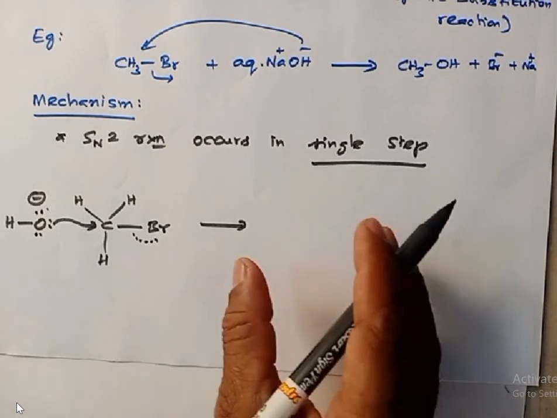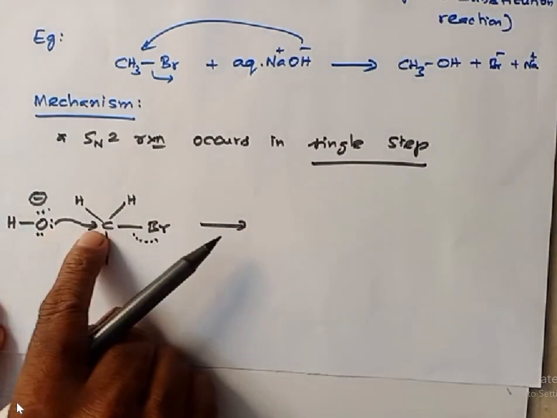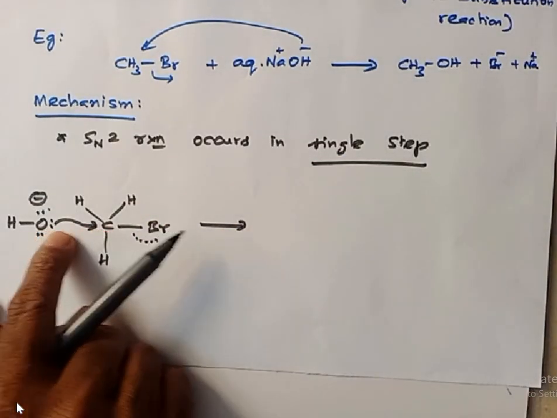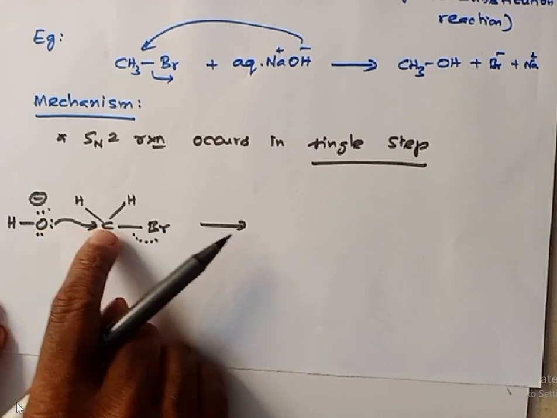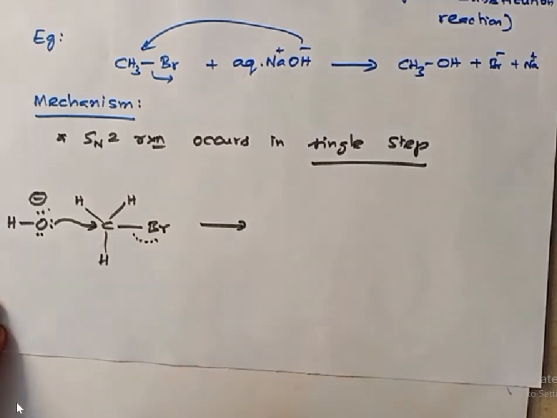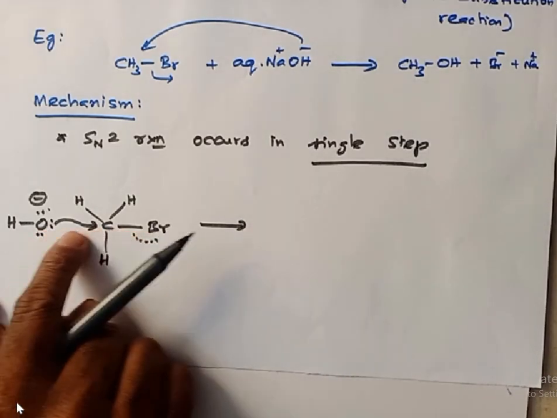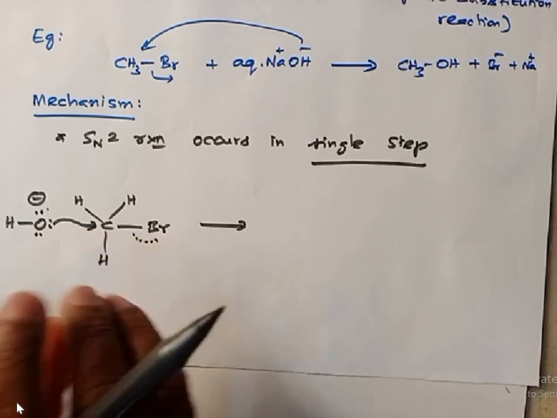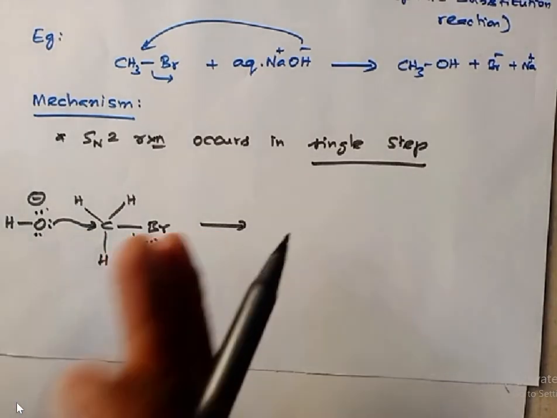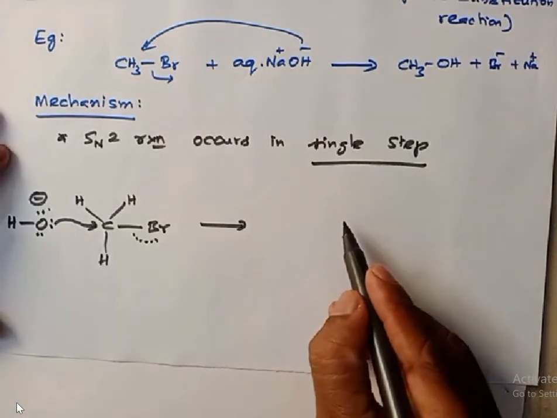You can say only through computational methods. Computationally, between carbon and oxygen a new bond starts to form, and between carbon and bromine this bond starts to break. So breaking of the C-Br bond and formation of the C-OH bond occur simultaneously. This you can show only through computational methods, not through any experiment.